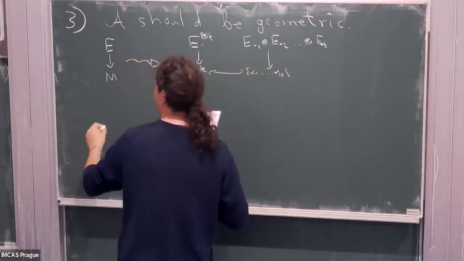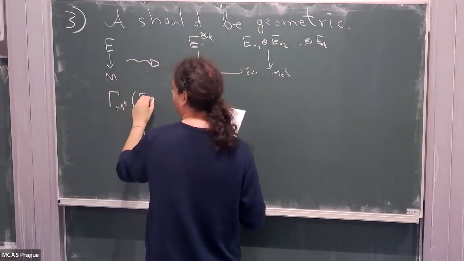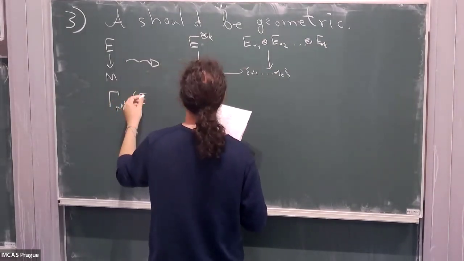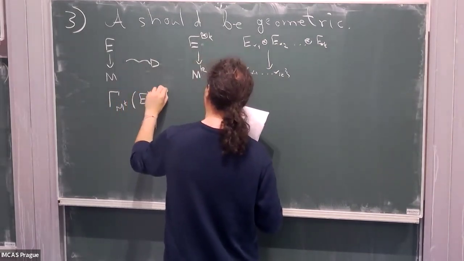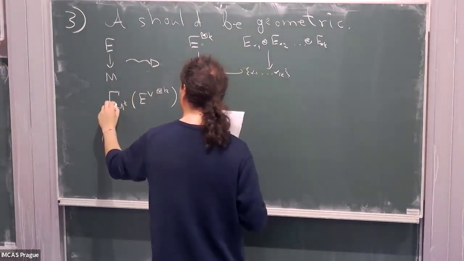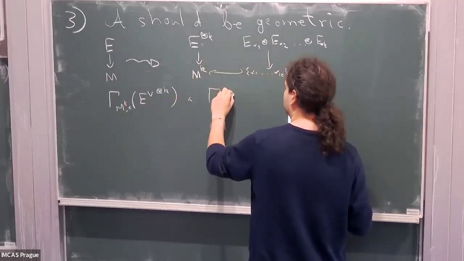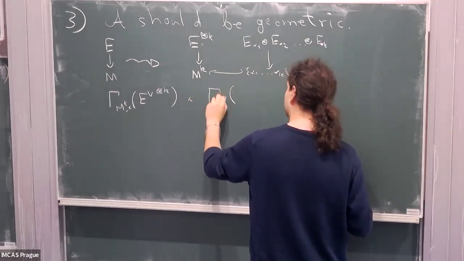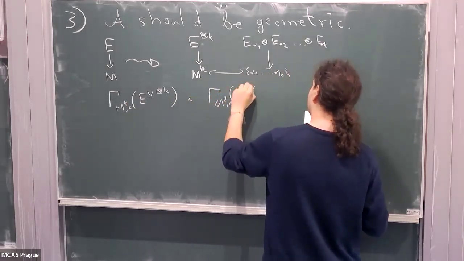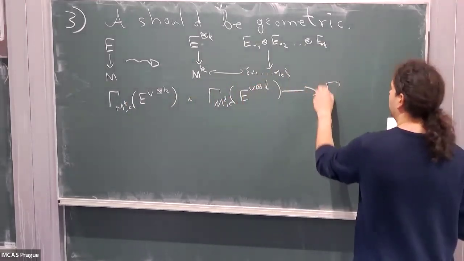So from Gamma of M^k, E check k, compact support, and Gamma of M^l, E^l, compact support, we do have a natural map to the composed one.